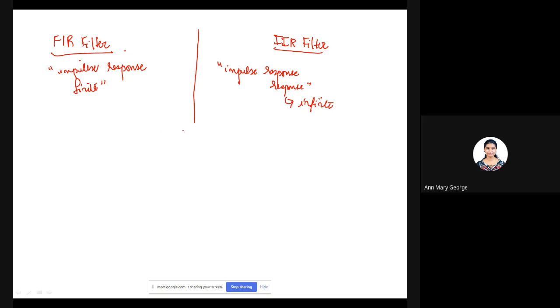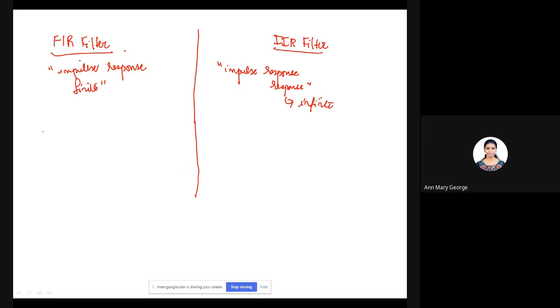Now I have told you, designing a filter means you have to find the expression for the transfer function for the given specification of the filter.